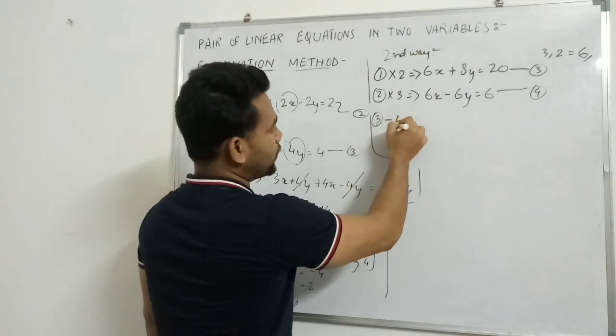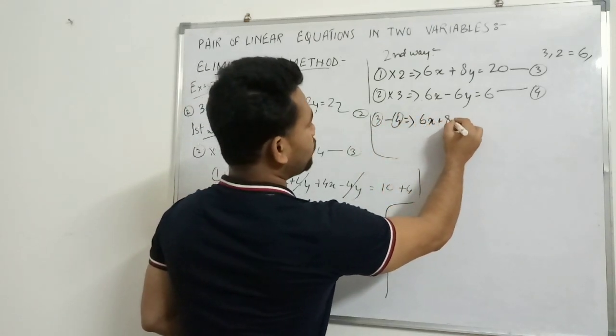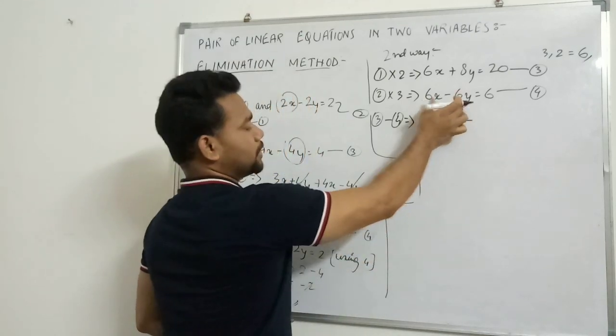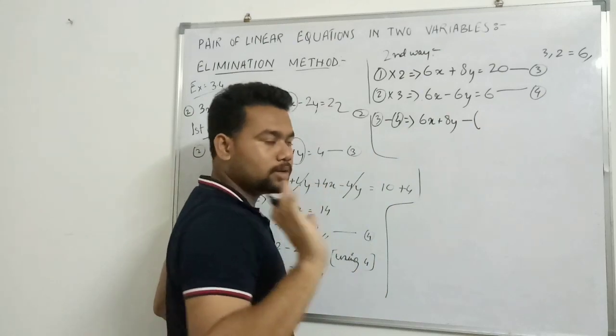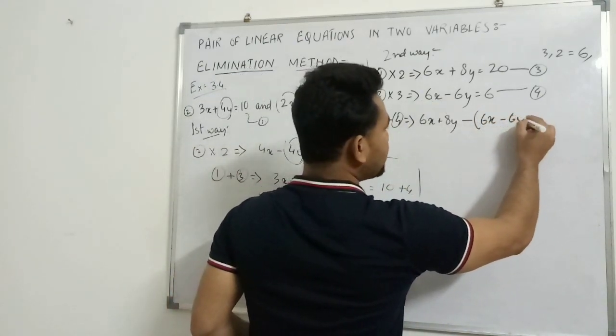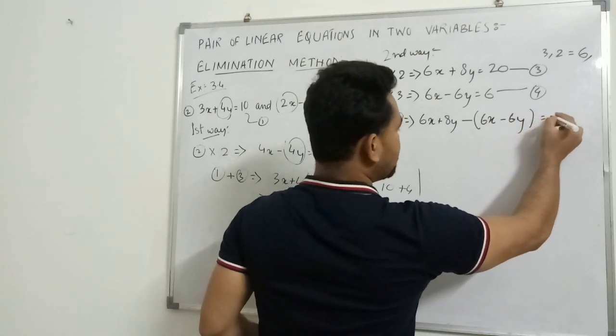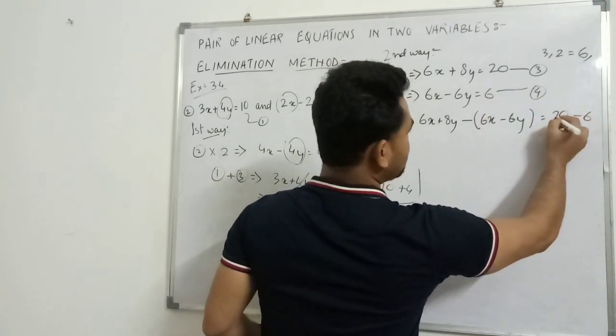So I will do 3 minus 4. 3 minus 4 is what? 6x plus 8y minus this part, right? Give a bracket. Always don't forget to give the minus and then use the respective brackets, because with a minus sign, the signs get changed in the next step. So 20 minus 6. Got it?